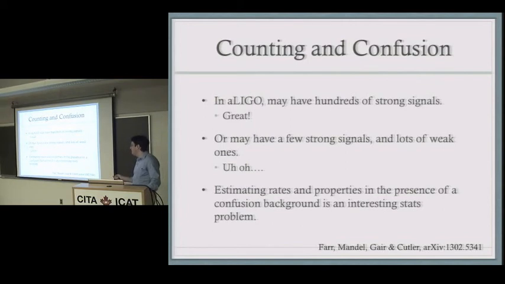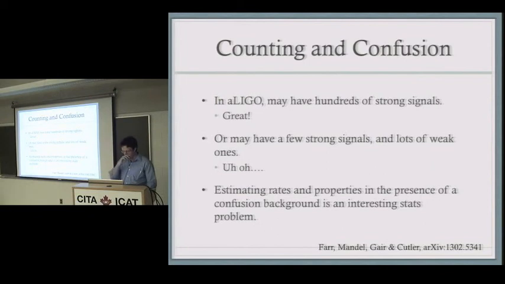In the less optimistic case, there might only be a few strong signals, but there's still going to be lots of weak signals. What I mean by weak signals are things that we look at on their own, and we would not say that they are a 3 sigma, 5 sigma detection. Instead, we'd say they're like a 1 sigma or a 2 sigma detection. There's going to be a lot more of those than there are these gold-plated 5 sigma ones, where, on the particle physics standard, you can write the paper that says we have detected this.